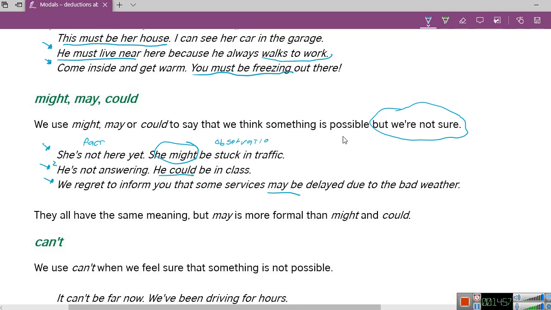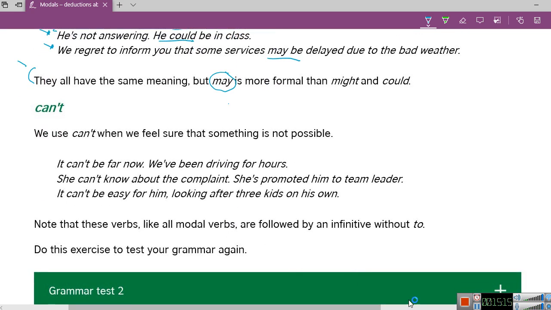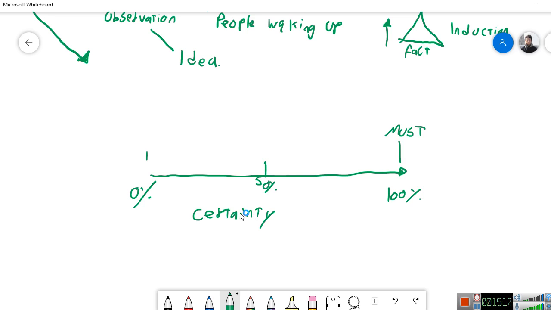So that's why we use may. Here we have a small parenthesis. They all have the same meaning, but may is somewhat more formal than might and could. So just to keep that in mind. It's not that important.